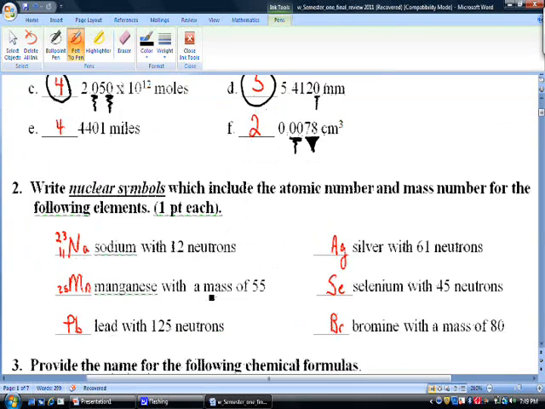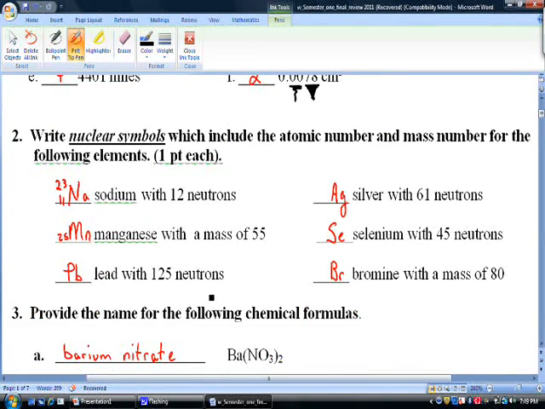So as we move on to nuclear symbols, remember, the number here shows the number of protons. That also is the atomic number when you look at the periodic table. So that's how you can find that number, by looking at your periodic table.